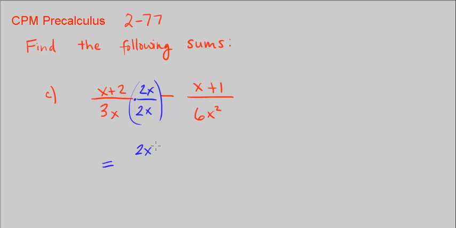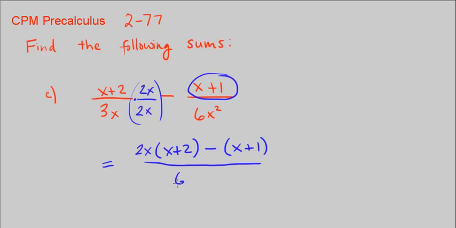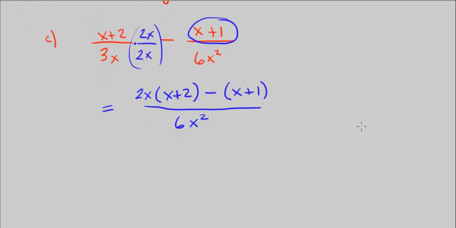So here we have 2x times x plus 2 on the left, minus, and I'm going to put it in parentheses because we want to distribute the minus, x plus 1, all over the common denominator, 6x squared. Let's distribute that 2x. So we get 2x squared plus 4x.